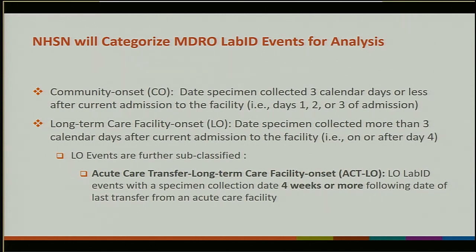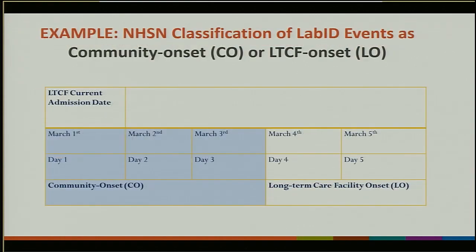Community onset is if that specimen was collected within the first 3 days of the current admission. Long-term care facility onset is if the specimen was collected after 3 calendar days after the current admission. Any long-term care facility onset will be further categorized if that resident recently transferred within the previous 4 weeks from acute care, and that would be an ACT low.